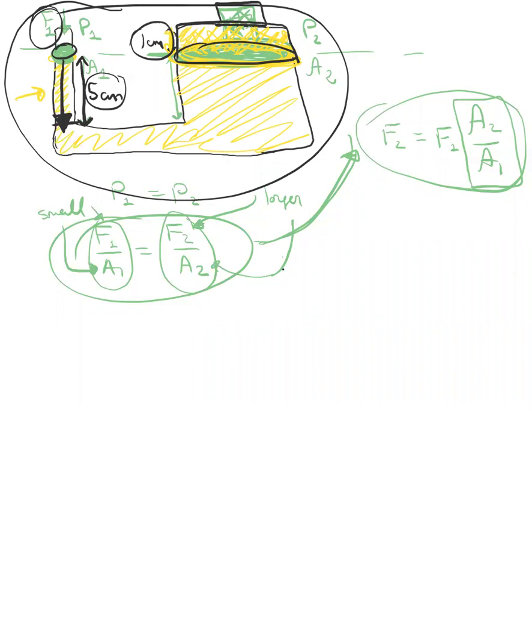Okay, so what I want to talk about now is a very important concept when it comes to fluids, the concept of buoyancy. And to introduce this concept of buoyancy, I would like us to think about some fluid. It could be water.